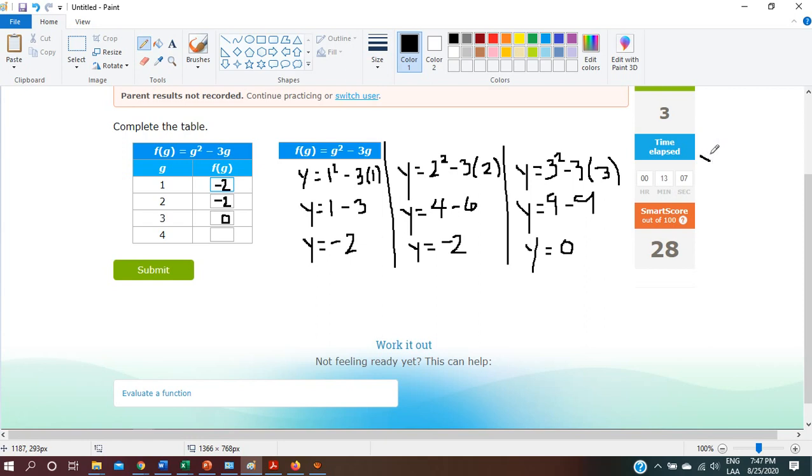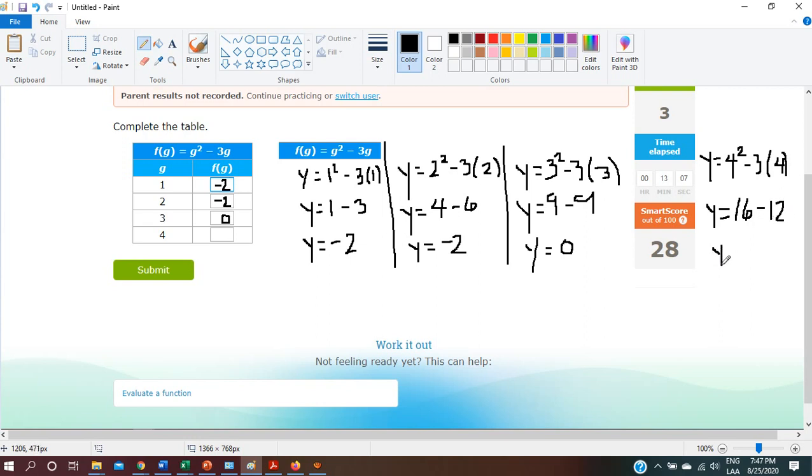The last one, the very last one. So y equals g. How much is g now? g is 4. 4 squared minus 3 that multiplies g, and g we said is 4. So y equals 4 squared equals 16 minus 3 times 4 equals 12.